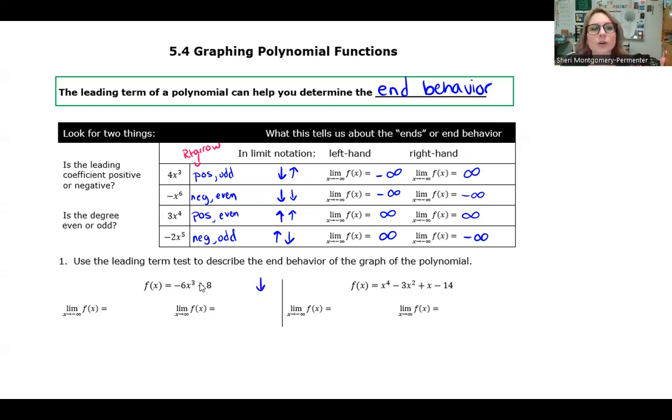And then is it even or odd? Odd, so they're going to be opposite, like that. In my first limit blank, it's asking for the left arrow. The left arrow is pointing up, so I'm going to say infinity. The right arrow is pointing down, so I'm going to say negative infinity.